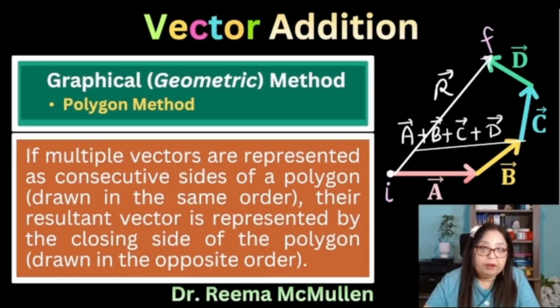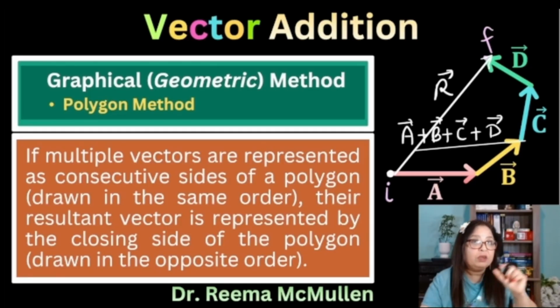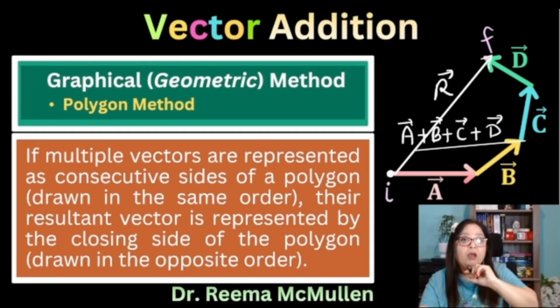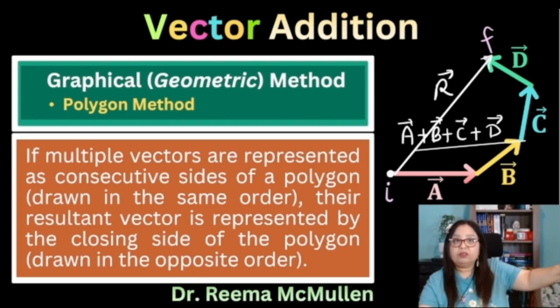And in terms of the diagram, what do we see? We have a polygon here. And the vectors that we are adding are consecutive sides of the polygon taken in order. That means head to tail, head to tail, head to tail. Keep on going head to tail for as many vectors as you have.